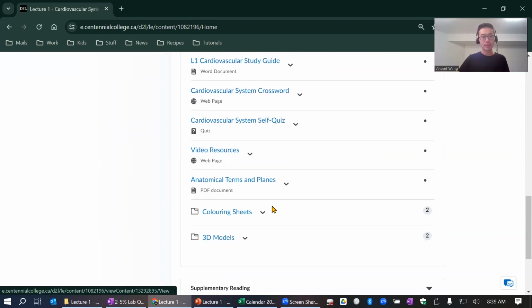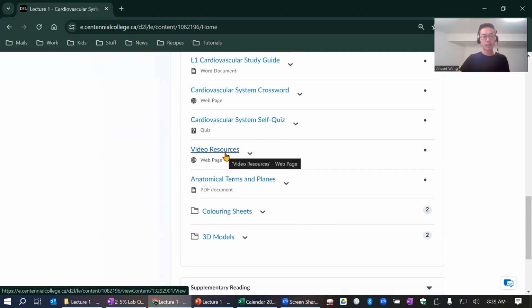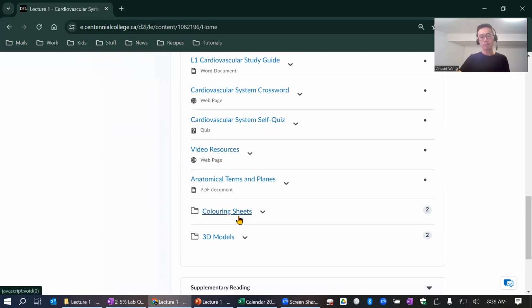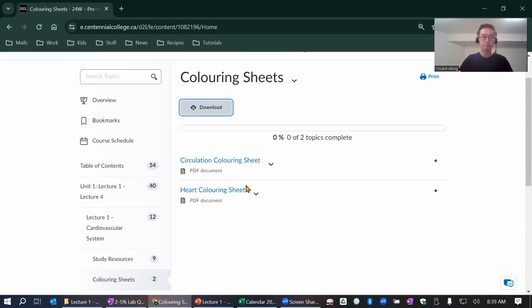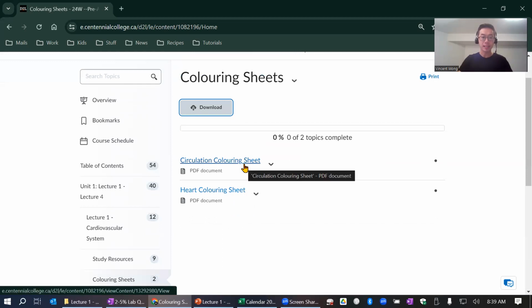Crosswords, self-quiz, internet video resources that you can use. And then because we'll be learning a lot of body parts, it's very useful to use these coloring sheets I found to practice when you have a chance.